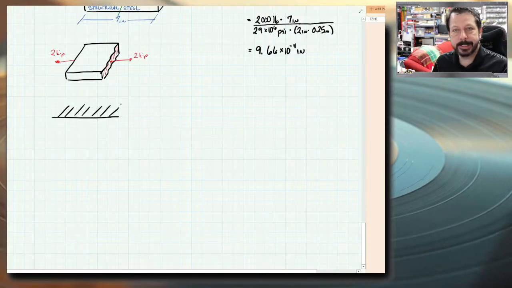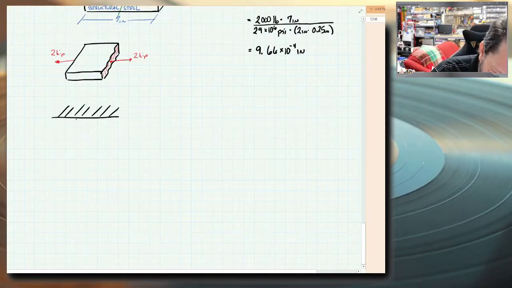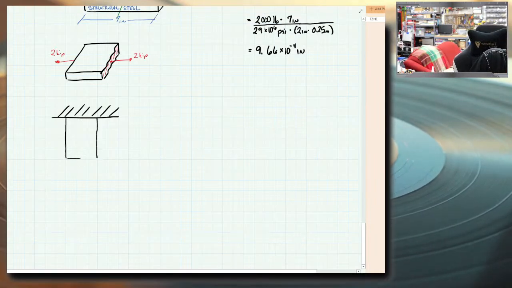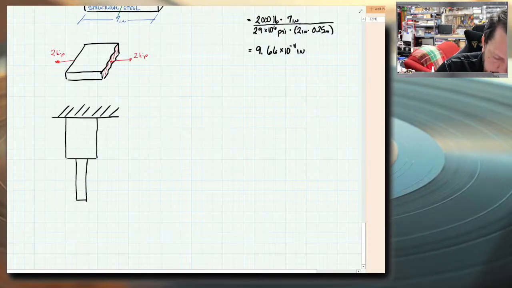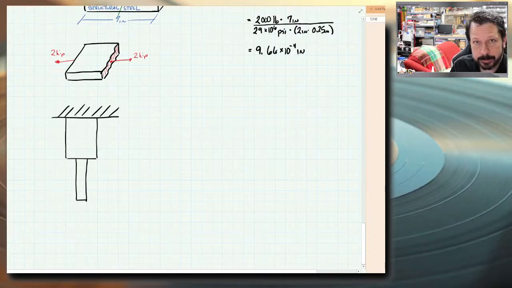Okay, so there's our ceiling, and we're going to have some sort of piece here, and then attached to that one, a little bit smaller piece. And so let's go back to these being round. So this is a round cylinder with a thinner round cylinder hanging from it, or attached to it beneath it.